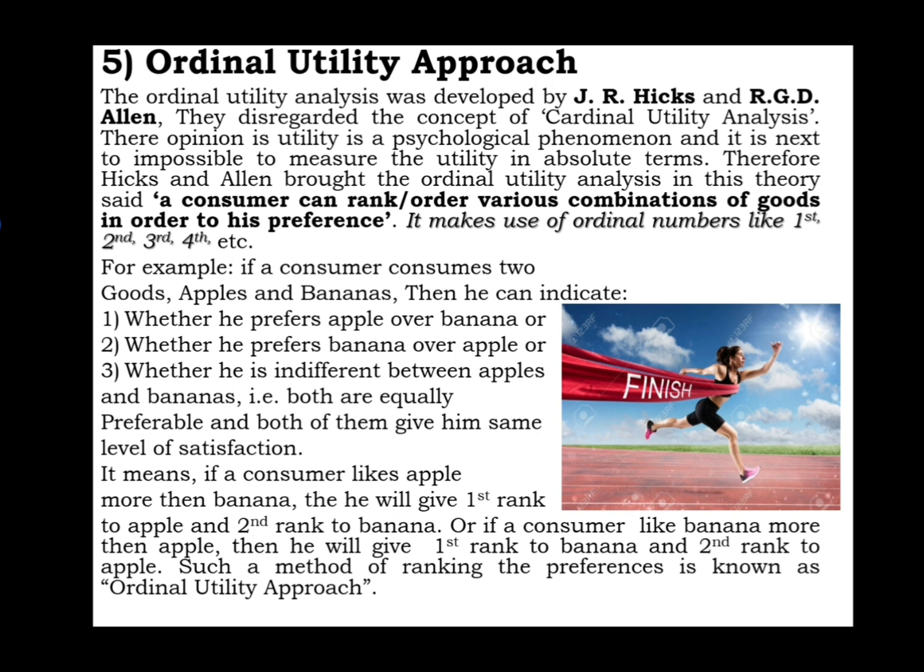Such a method of ranking preferences is known as the ordinal utility approach. So there I have used one image, and by seeing that image, you can easily understand what the ordinal utility approach is.